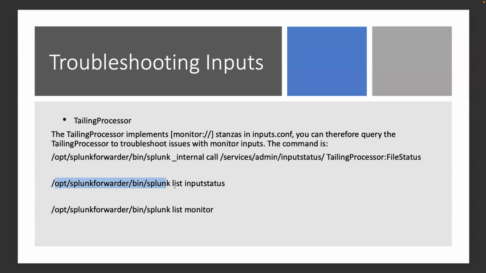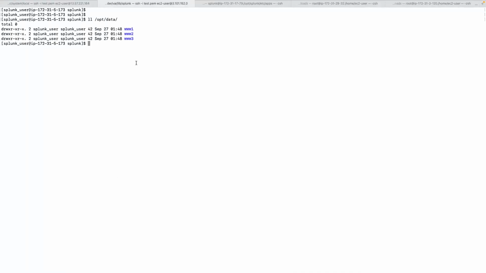So if I copy this list input command, opt splunk, we can just run the command. We have our command there. So I say list input status, right?